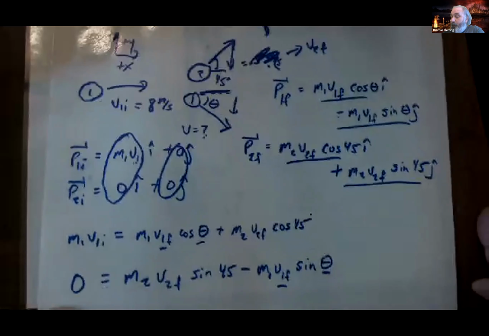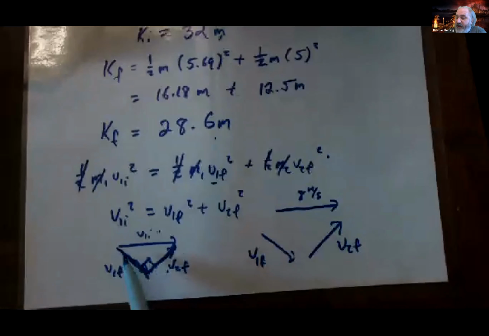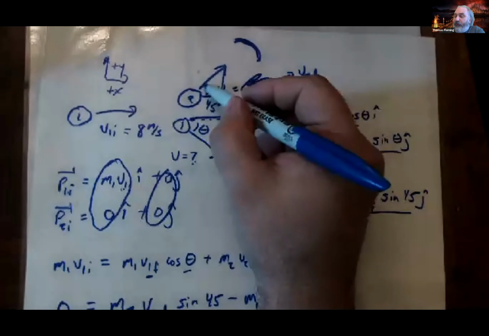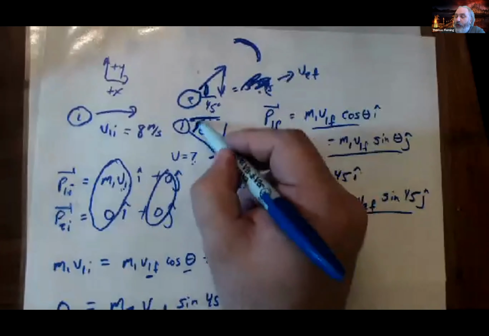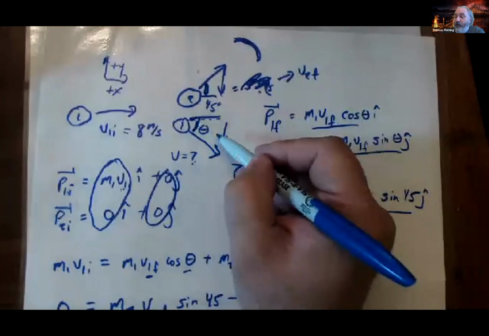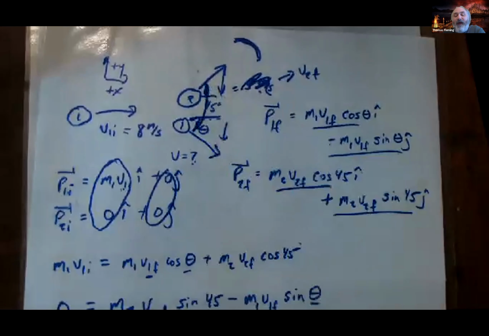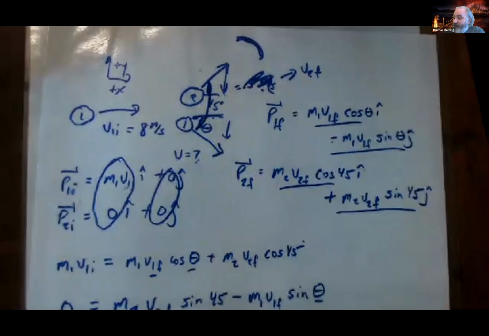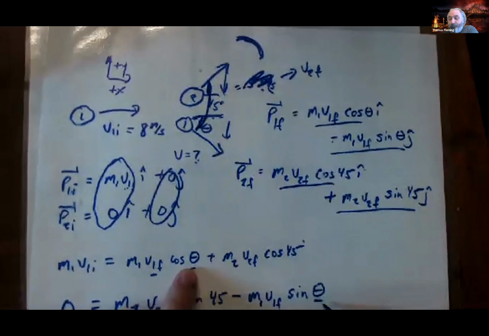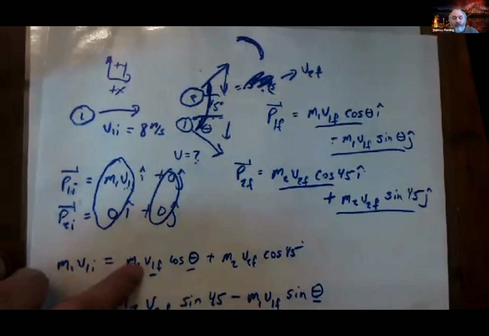However, because of this little trick right here, I would know that V1 final and V2 final have to bounce away at 90-degree angles, which means if this was a 45-degree angle, this would also have to be a 45-degree angle so that this total angle would be 90. And that would allow me to solve my problem because now I would know these thetas and I could plug in and solve for V1 final, V2 final.